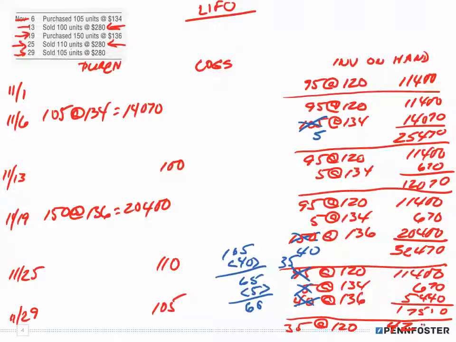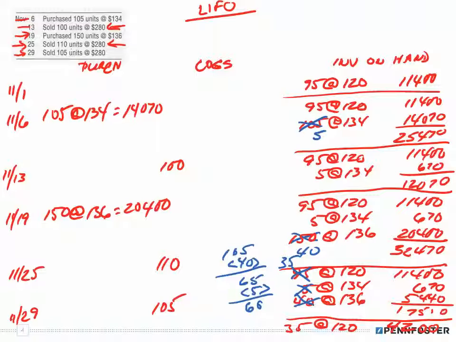So that's my ending inventory on 11.29. And yes, those 35 are the ones from our beginning inventory, okay? Because the last one's in or the first one's out, okay? The last one's in meaning the ones we took out of 11.19.